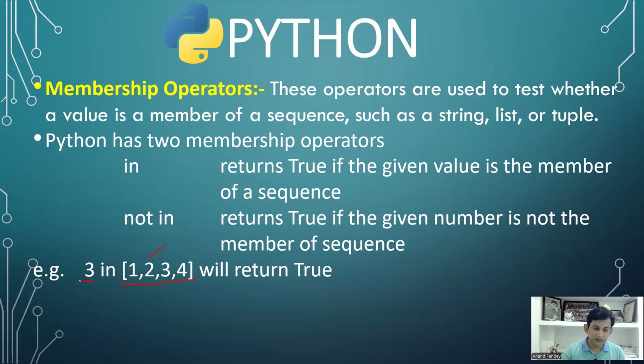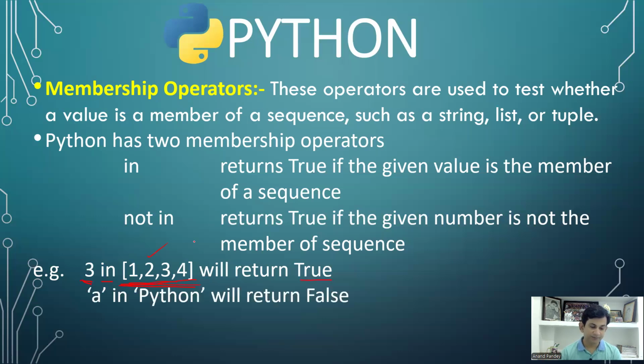You can see 3 is in this list, so this operator will return true, because 3 is a member of this list. I have explained list, tuple, dictionary, set, everything about these in my previous video about data types, so please watch that video.